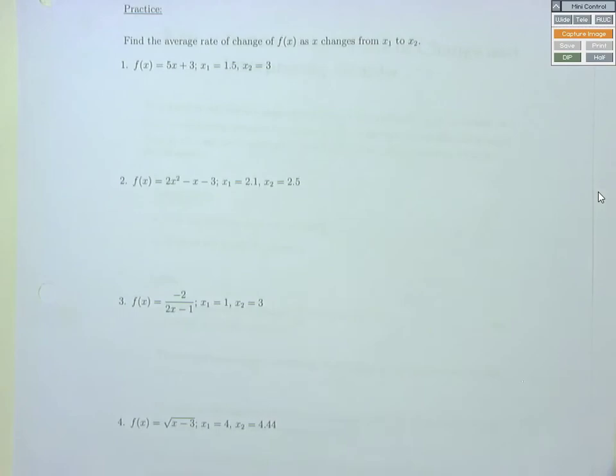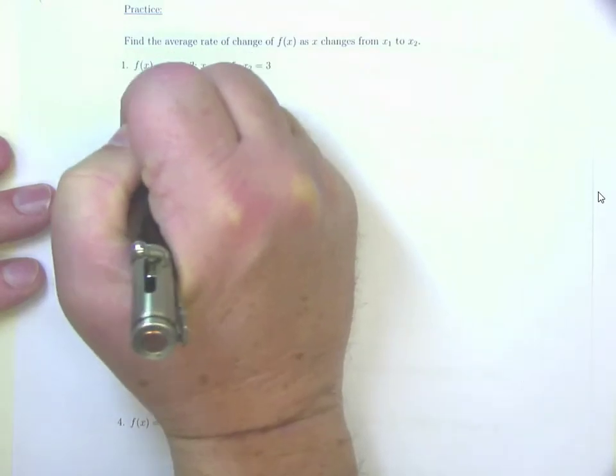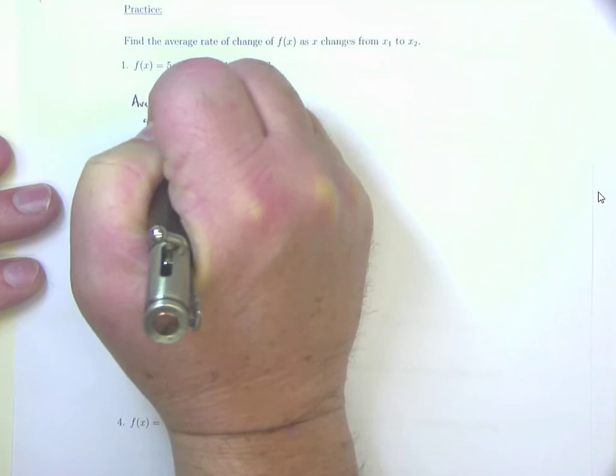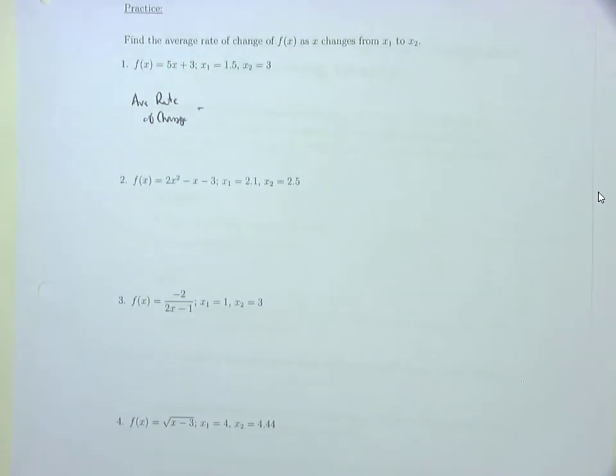So here we go. Find the average rate of change of f of x as x changes from x1 to x2. So again, knowing my formula, average rate of change. This problem, f of x is equal to 5x plus 3. x1 is 1.5, x2 is 3.